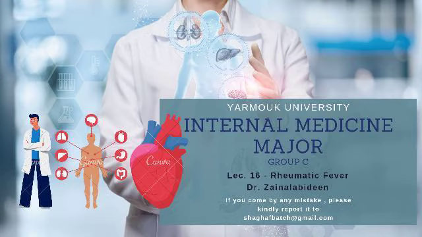It's painful and asymmetrical, and this is also one of the differences from rheumatoid arthritis. Rheumatoid arthritis is symmetrical, right and left. In acute rheumatic fever it is asymmetrical, and the joints are painful and migratory. Large joints: knees, ankle, elbow, wrist.